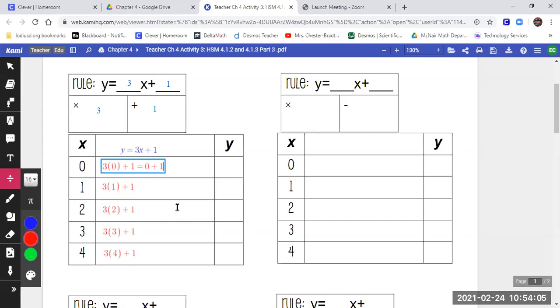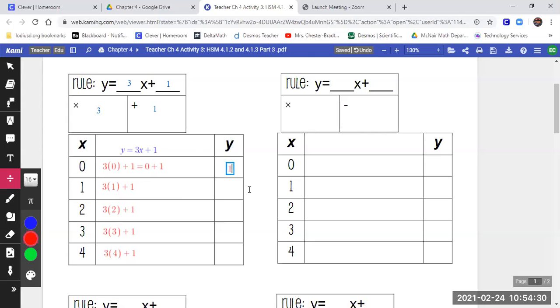Now, where am I going to put my answer? Under the Y column. So what am I going to put under the Y column for the first one?